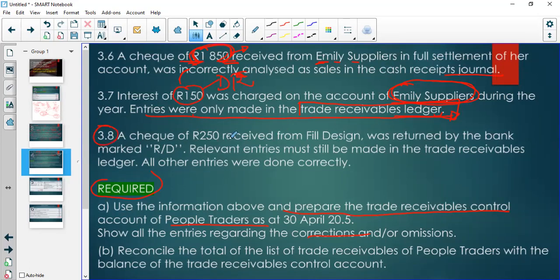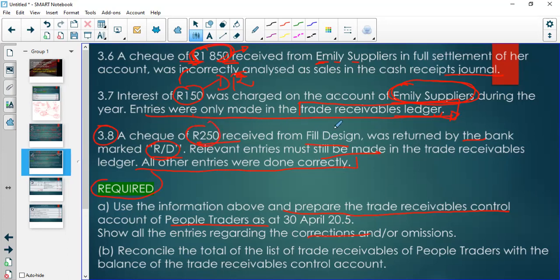Then question 38 says a check of 250 was returned by the bank marked R/D. Then entries must still be made. All other entries were done correctly. What this means is if a check is marked R/D, it means payment was not accepted. So Field Design gave us a check of 250. We went to deposit the check at the bank. The bank didn't accept it.